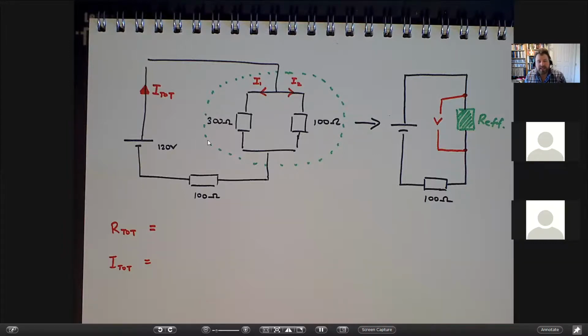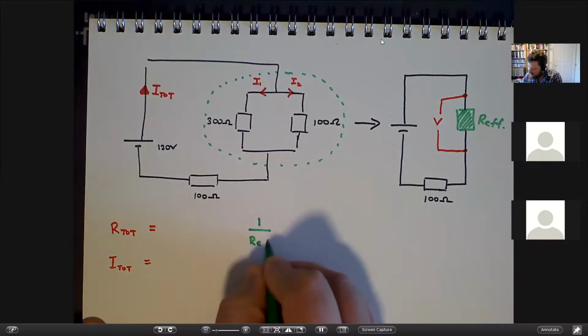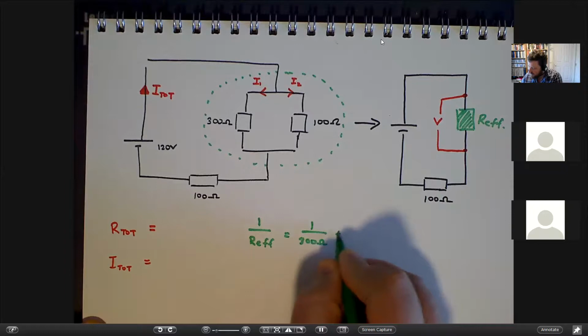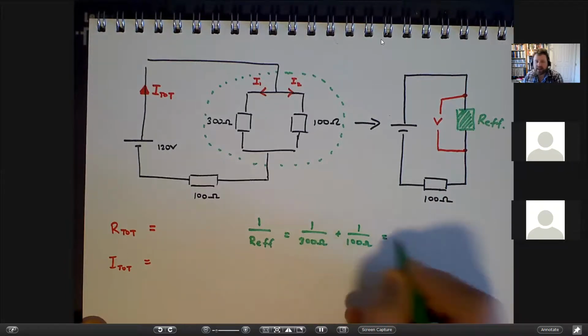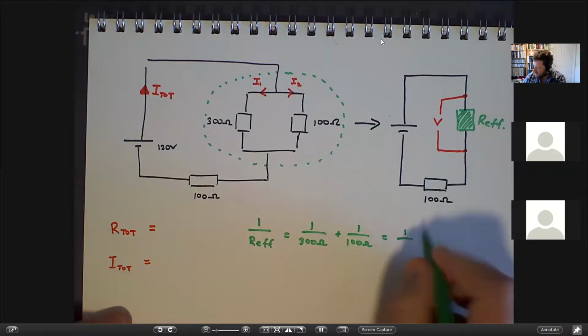Because these things are in parallel, the rule we're going to apply is 1 over R effective equals 1 over 300 ohms plus 1 over 100 ohms. And I look at that and I say, oh, there's a common factor of 1 over 100 ohms.